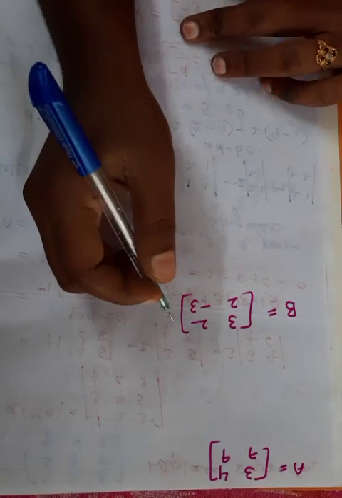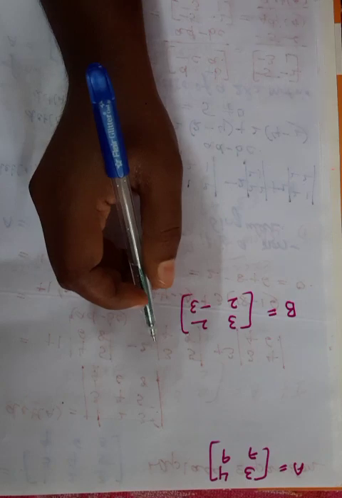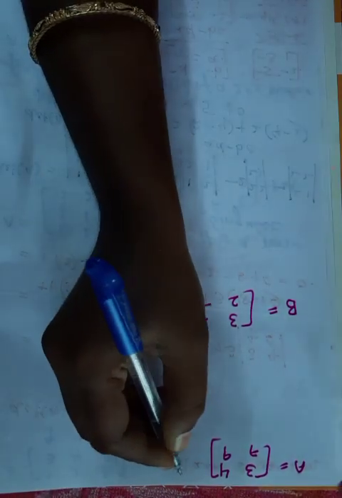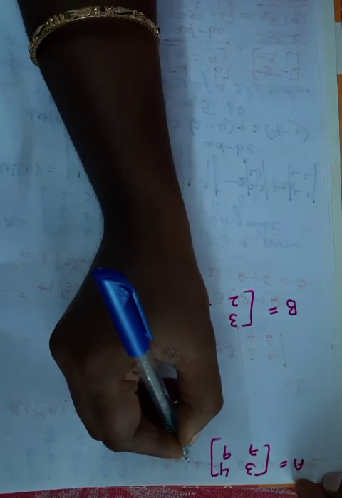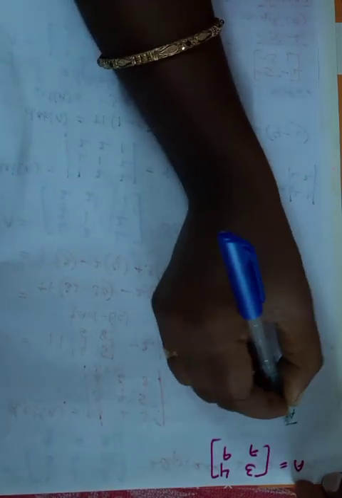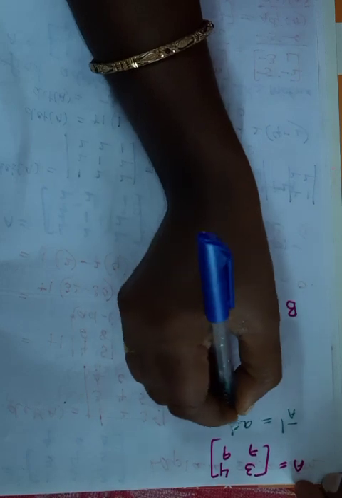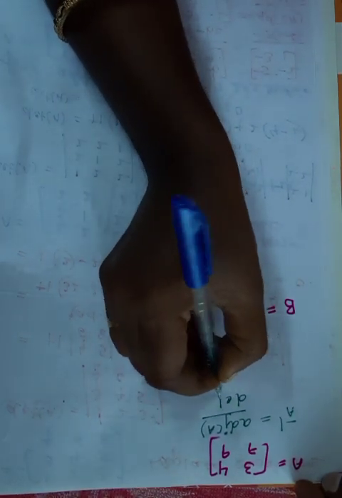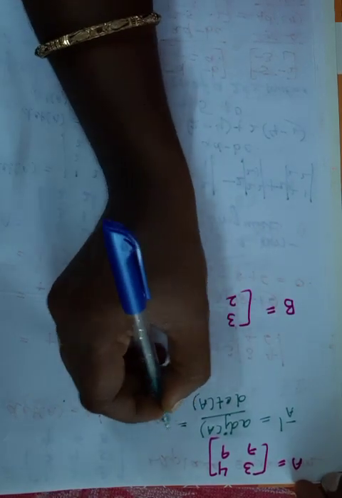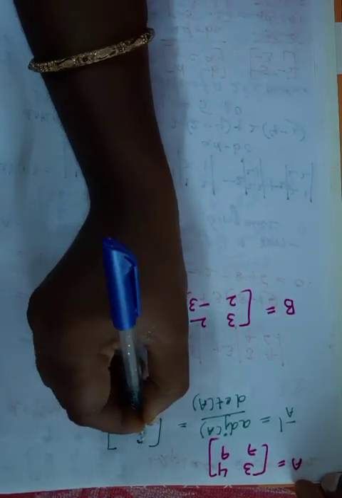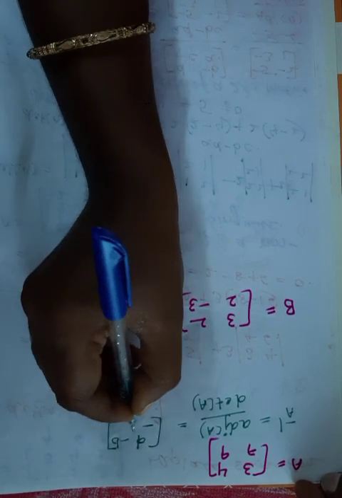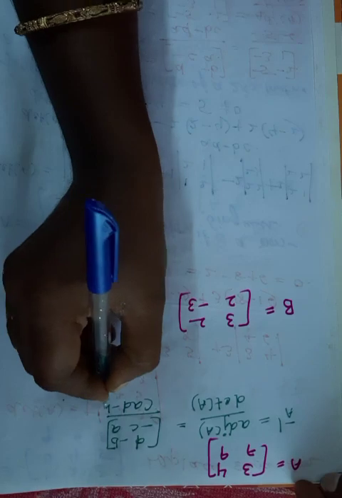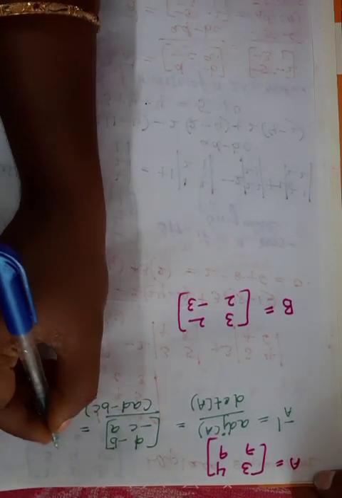So here our next question is A is equal to 3 4 7 9. Here also you have to find adjoint and inverse for the given 2 by 2 matrix. First of all we have to write the formula A inverse is equal to adjoint of A divided by determinant of A, which is equal to D minus B minus C A by AD minus BC. So here we have to substitute.